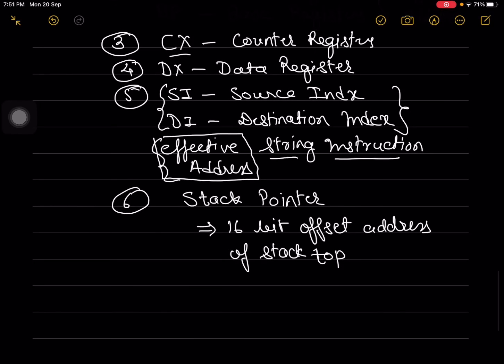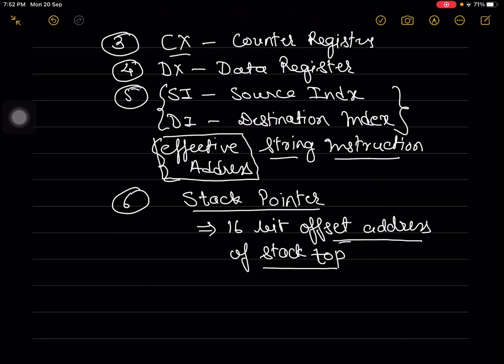The stack memory segment saves the data in the form of a stack. When the data is saved in the form of a stack, the topmost data of that stack is called the stack top. The stack top has a specific offset address, and this 16-bit offset address of the stack top is stored in the stack pointer.